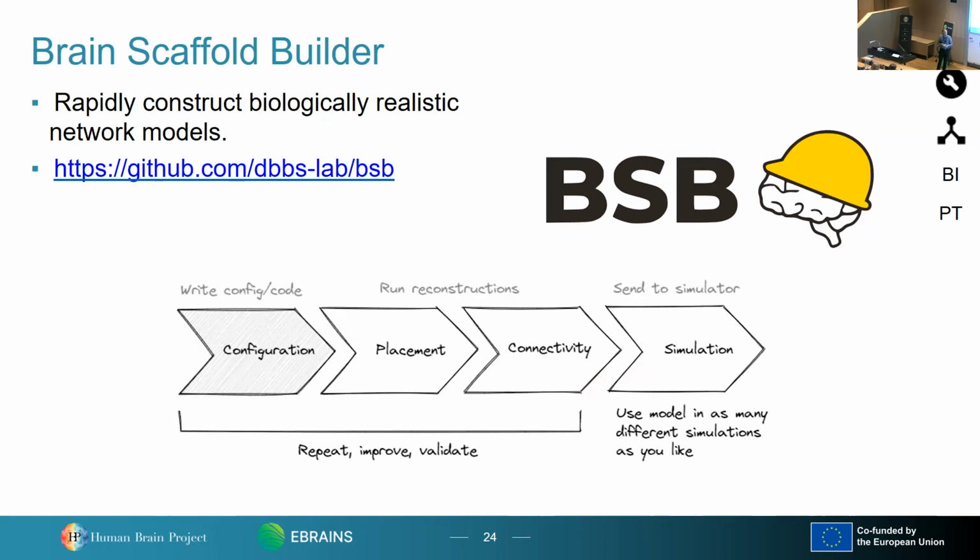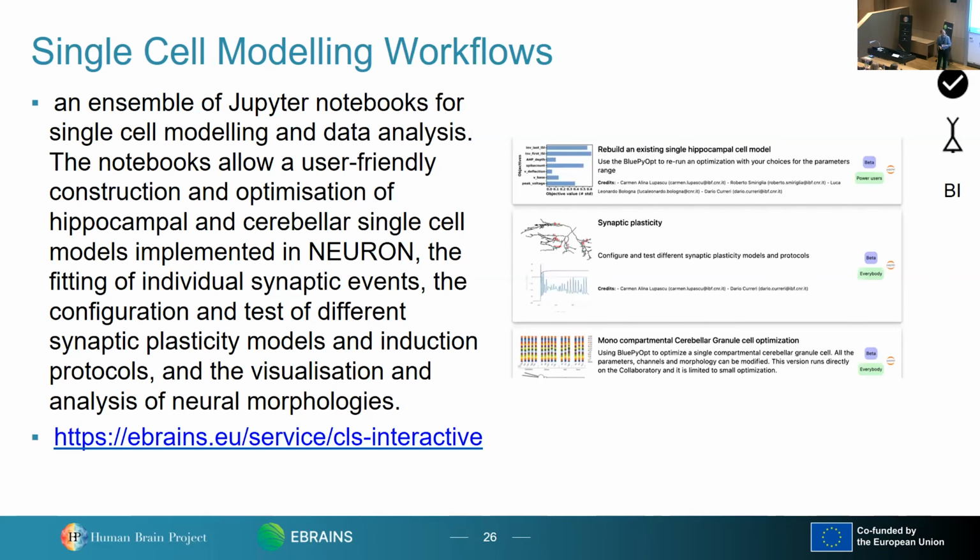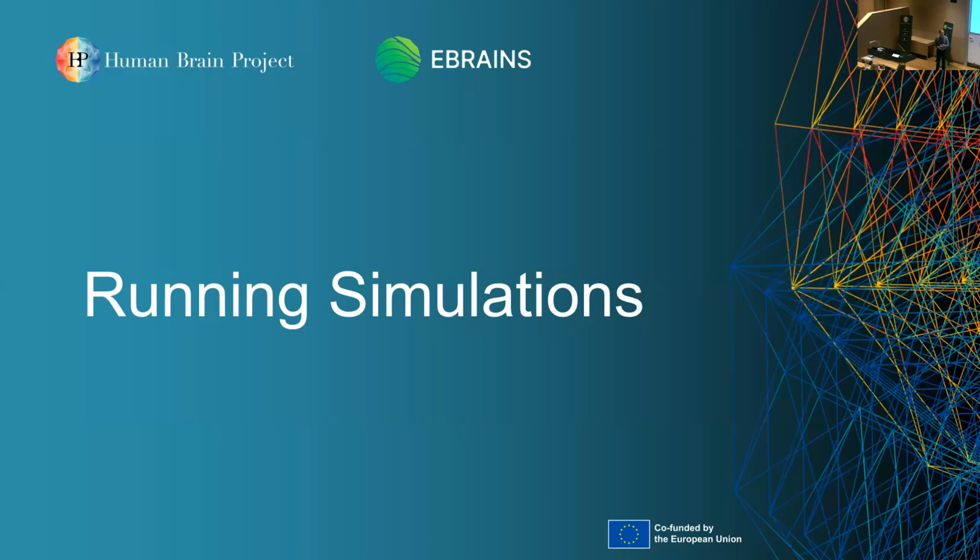The Brain Scaffold Builder is a somewhat similar tool, but also lets you combine both morphologically detailed neurons and point neurons. The Virtual Brain we've heard about already, so I won't go into that in any more detail. And a suite of Jupyter notebooks for single cell modeling workflows, and that's for building models.